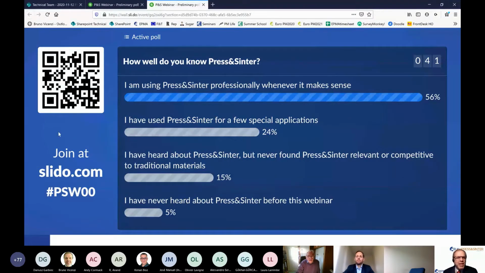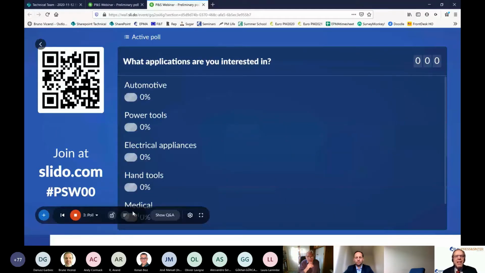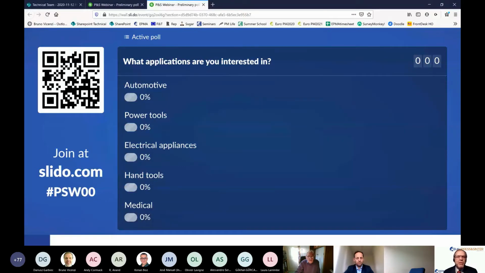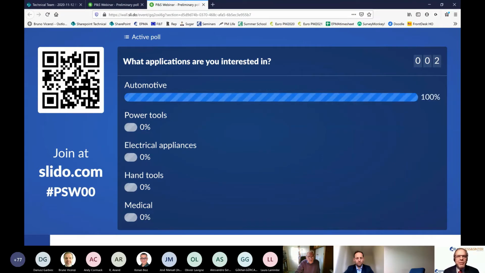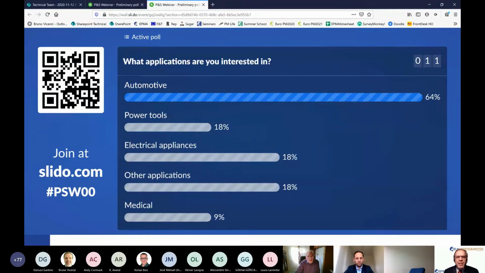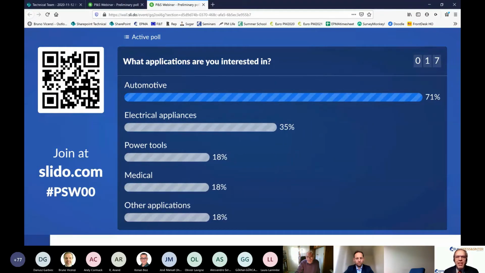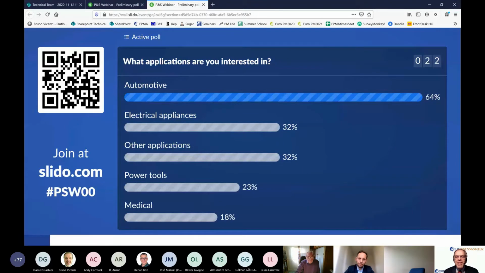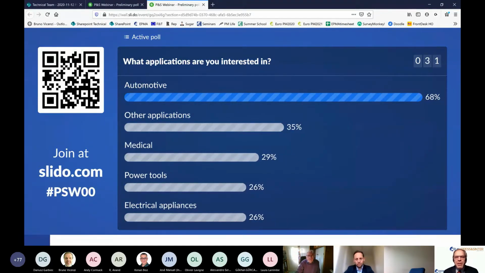Okay, as we have already spent some time, let me go already to the third question, which is, you are interested in some applications. What are they? Of course, we have just listed the most important markets for present sinter, automotive, of course. Yeah, it's interesting to see what is your background, but also what are your expectations about that technology.